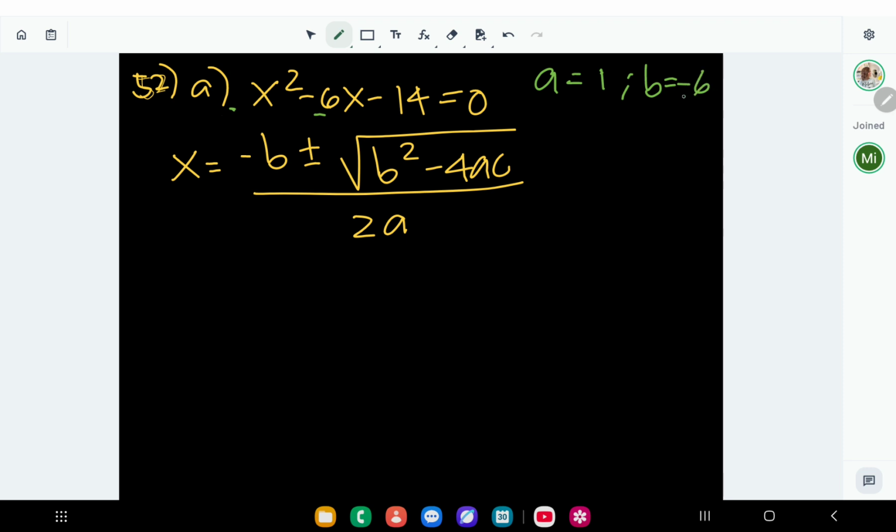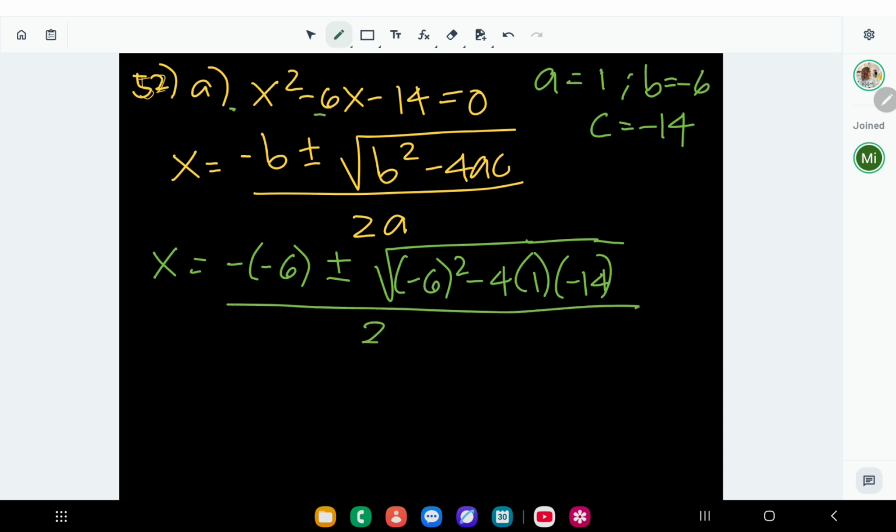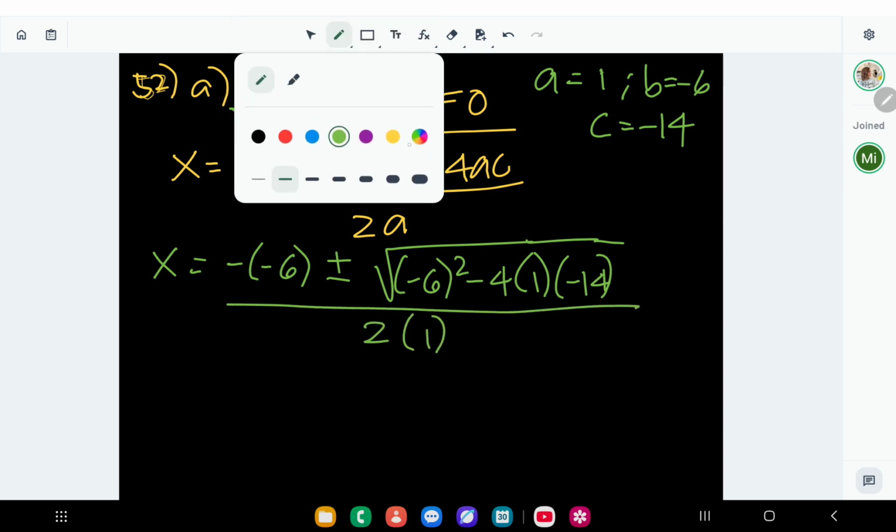B is equal to negative 6 and C is equal to negative 14. And then you plug in all the values to the formula. So this is negative of negative 6 plus minus square root of negative 6 squared minus 4 times 1 times negative 14 over 2 times 1.